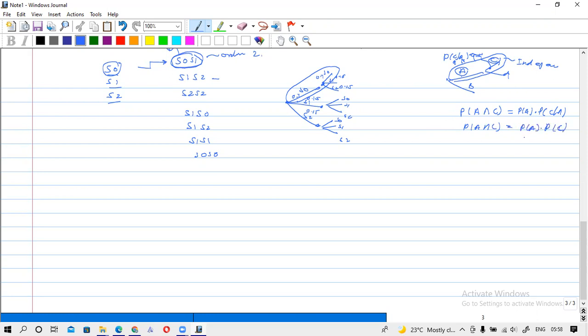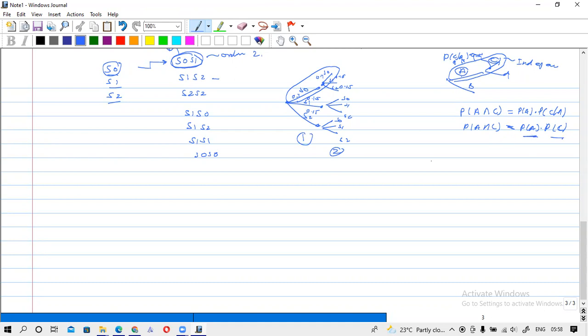So if these are independent, you get directly P(A) and P(C), not the conditional probability. So you can directly multiply. You know that this first event and the second event are both independent, so you can just multiply the probabilities.